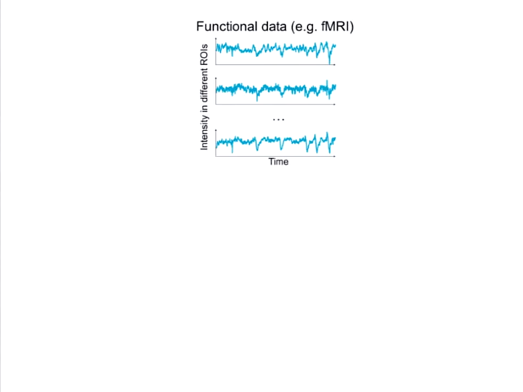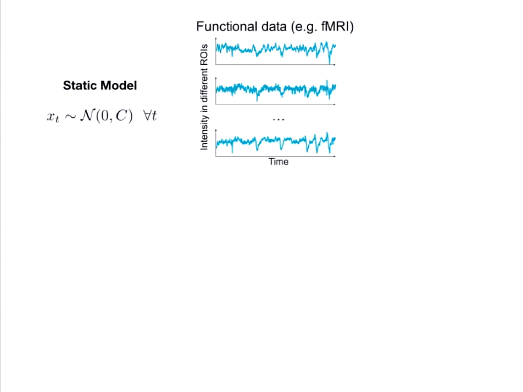Another way of framing this is that we assume that fMRI data are generated by a Gaussian distribution that has a mean 0 and a covariance or a correlation equal to C, C being the sample covariance measured from the data.